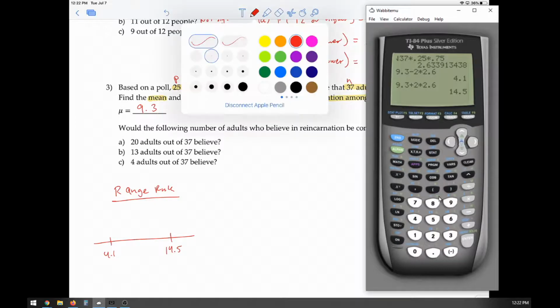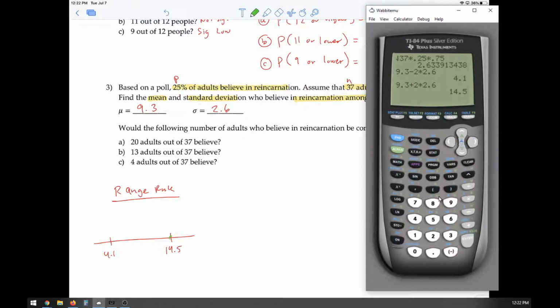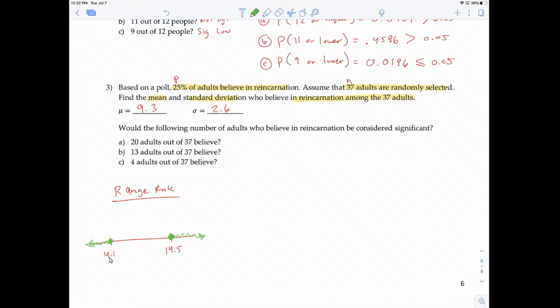So we know that anything 14.5 to the right is a significantly high number of people who believe in reincarnation out of 37 people, and 4.1 or below is a significantly low number of people when you randomly select 37 people, right? So let's see where these fall. 20 is over here, so that's significantly high.